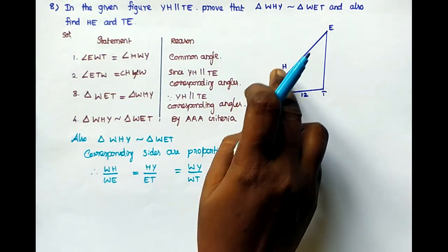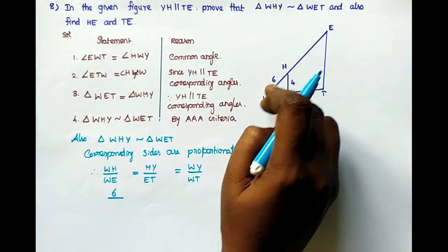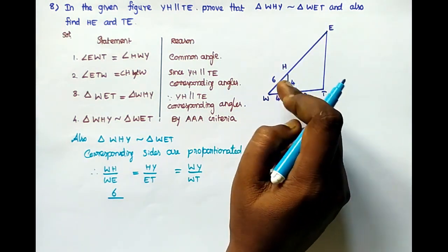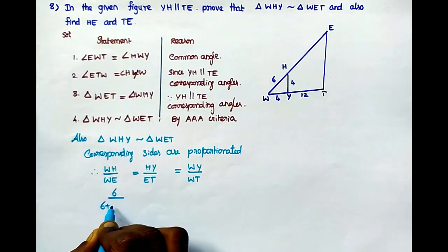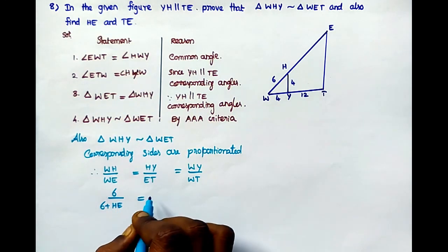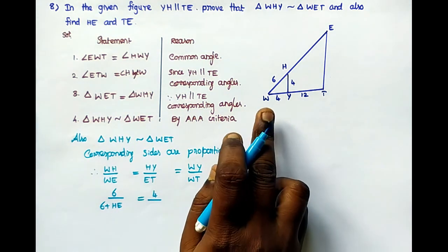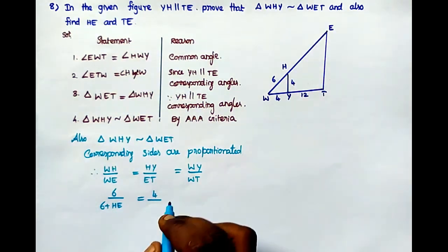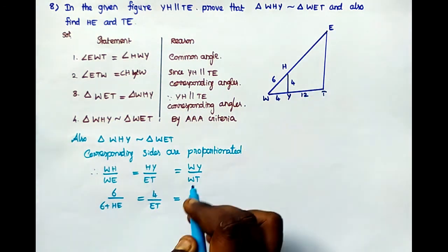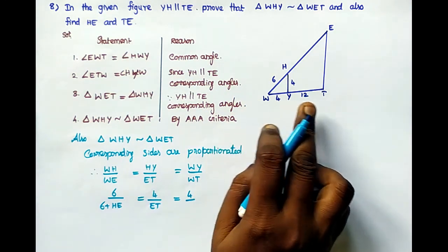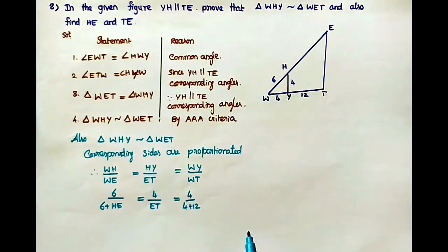Here WH, that is 6, divided by WE, that is 6 plus HE. Next HY is 4 divided by ET, we don't know, and WY 4 divided by WT, that is how much? 4 plus 12.